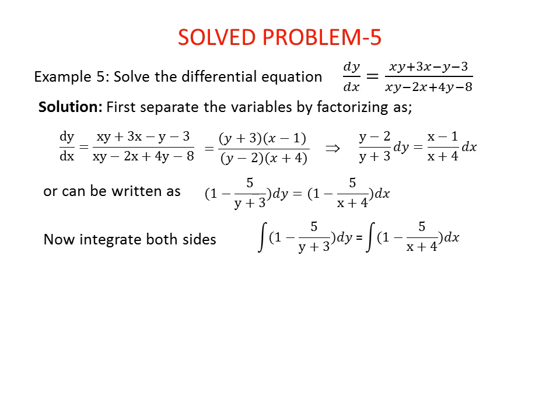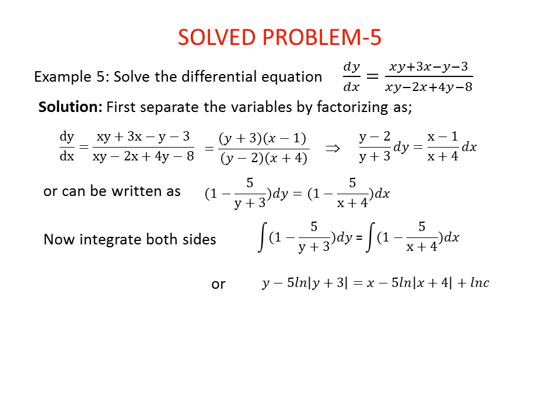Now if we apply the integration on both sides and take the integral, in the first term there is 1, so the integral of 1 is y, minus, for the second term we have 5 divided by y plus 3.